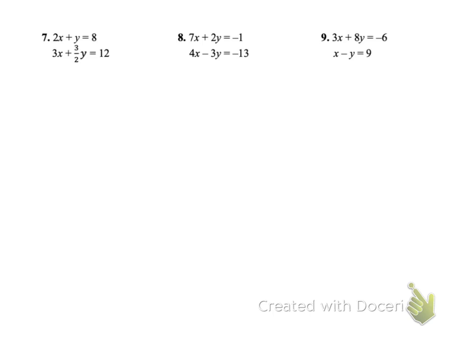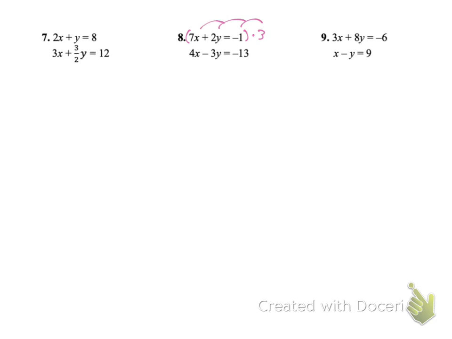What variable do you want me to eliminate on number 8? What would be the easiest there? X or the Y? The Y. All right. And what would be the least common multiple of 2 and negative 3 there? 6. So 6 and negative 6. So what would I multiply the first equation by? 3.